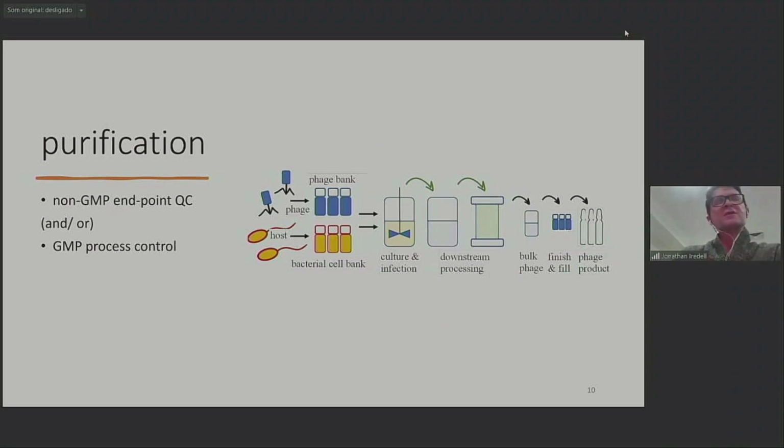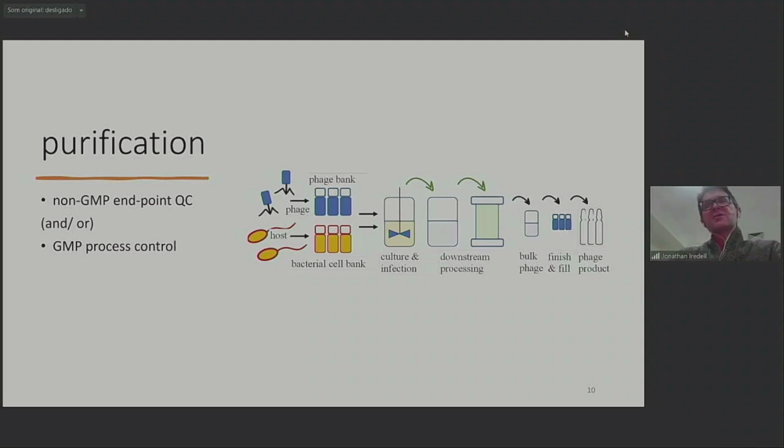The next important issue is obviously purification, because one of the key issues here is that, unlike, say, a vaccine which you grow in a mammalian host, we are growing in a bacterial host.